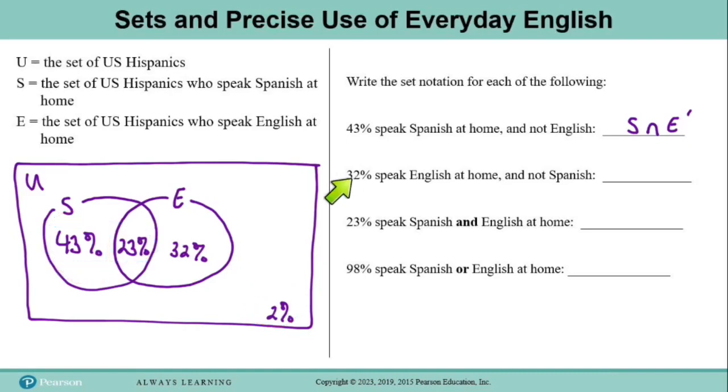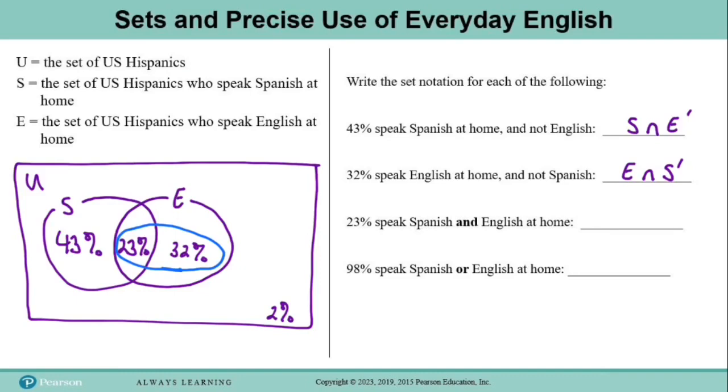Okay, now let's look at the 32% who speak English at home and not Spanish. So again, the "and" translates to an intersection of two sets. So those who speak English at home are represented by the set E, and is the intersection. Not Spanish is going to be the complement of S, so S prime. And if we look at our diagram, those who speak English at home are the 23% and the 32%.